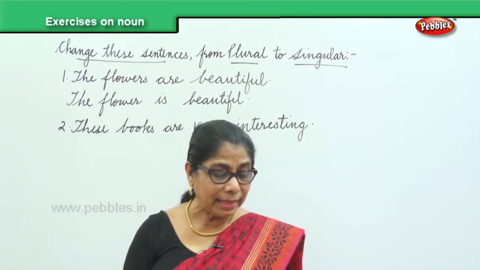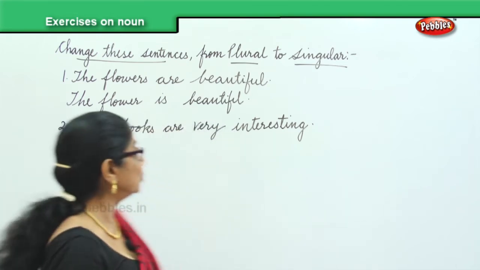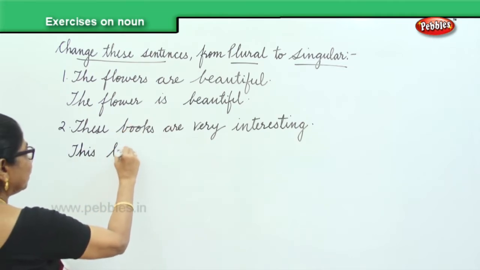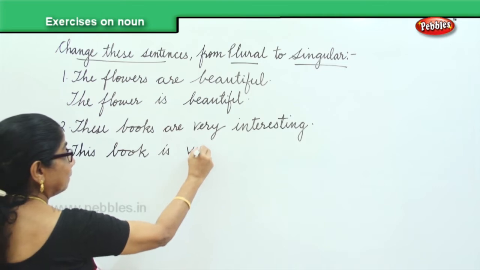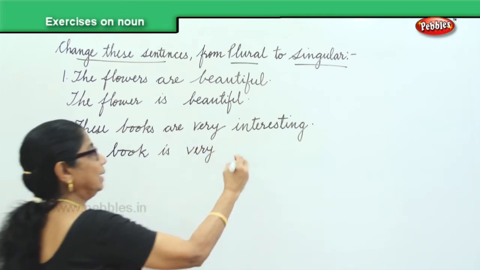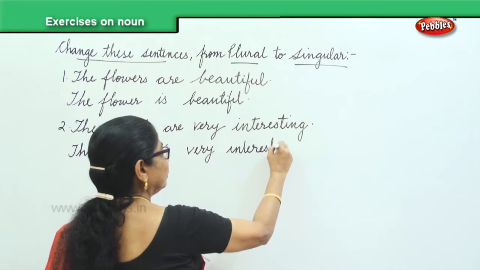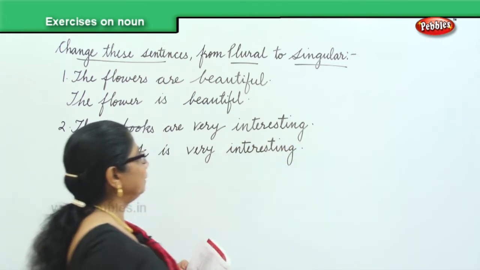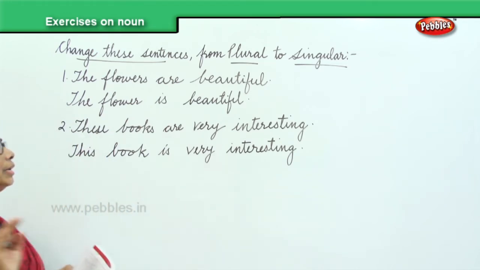So what will you say? This book is. So these will become this. This book is very interesting. Okay? So we change these into this. This book is very interesting.